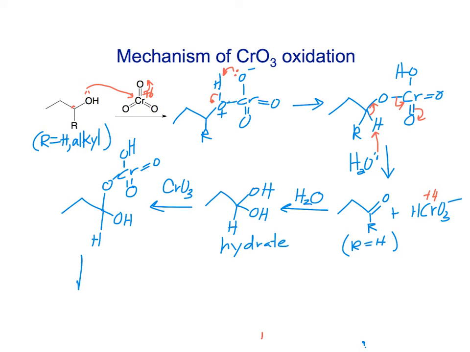And then the elimination step takes place. So the same step that we saw before, like this. And notice what this gives us. This goes like this. We made the pi bond here, and we have an OH remaining.